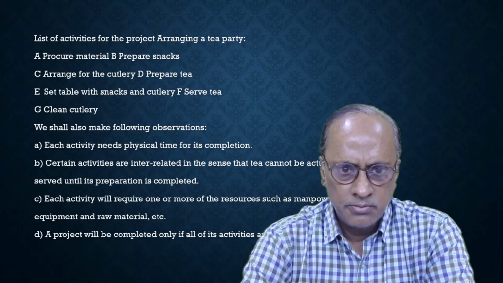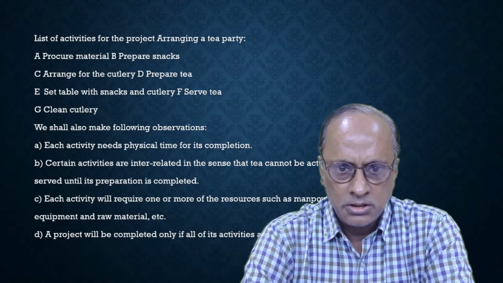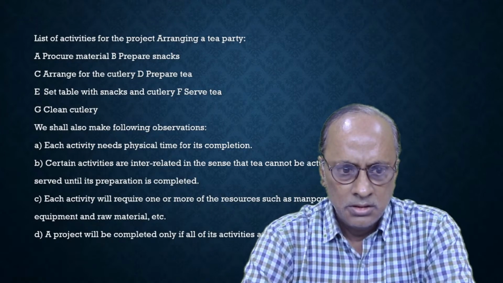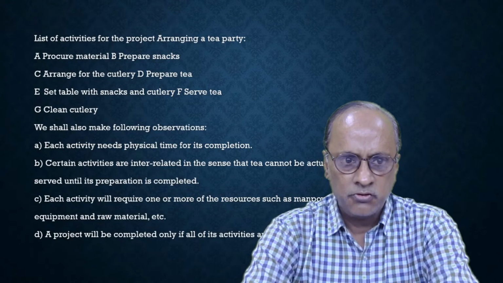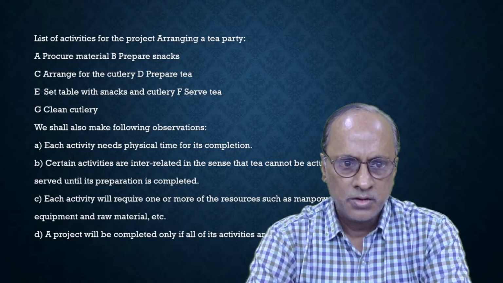List of activities for the project: arranging a tea party. Suppose on a birthday, a person invites his friends and relatives, and he has arranged a tea party. Now, in arranging a tea party, if you call this a project, we can find there are certain interlinked activities.